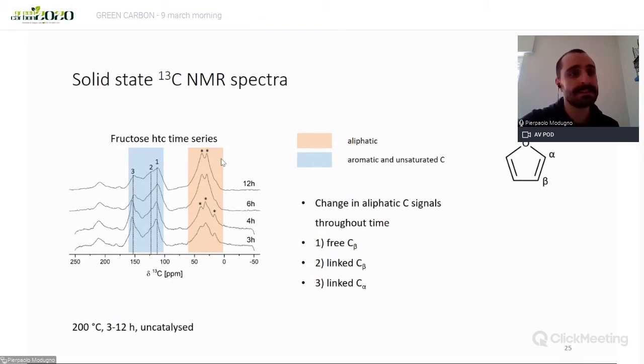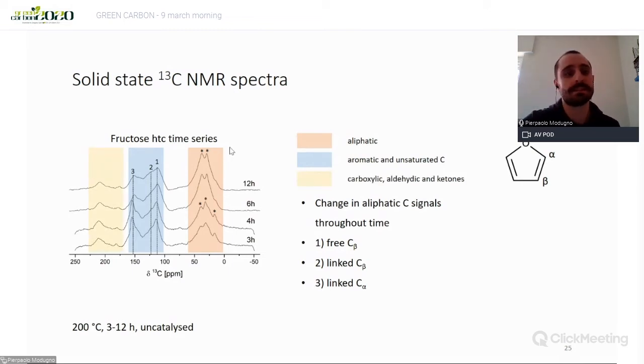And as we can see, as the reaction time proceeds, the signal of the linked carbon beta becomes more relevant. And this means that there is a cross-linking in our structure as the reaction time increases.